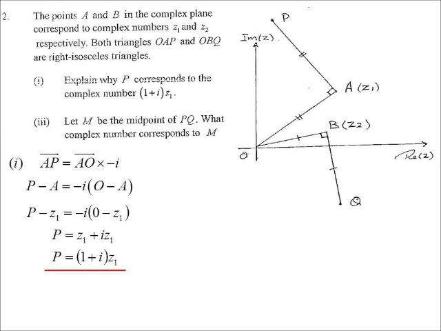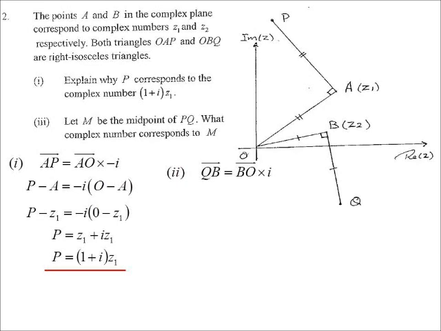M is the midpoint of PQ. What complex number represents M or corresponds to M? Possibly that's what part 2 was. Find the coordinates of Q. Because we're going to have to do that. So there we go, let's pretend that's part 2, the missing part there. If I want to find Q, I'm going to have to do a similar thing.